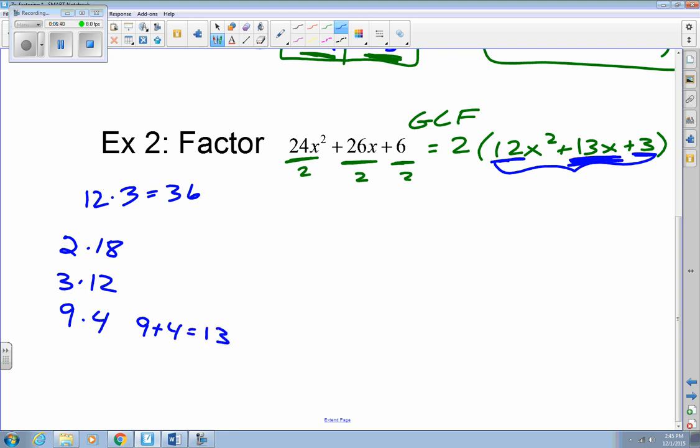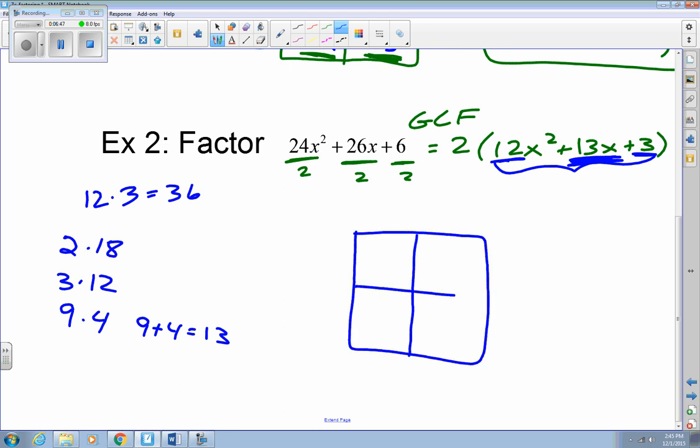So use the Punnett Square again. These are binomials, so we need a 2 by 2. The first term goes in the first blank, top left. Last term, 3, goes in the bottom right. And on the middle diagonal, we're going to put 9x and 4x. The 9 and 4 come from over here.